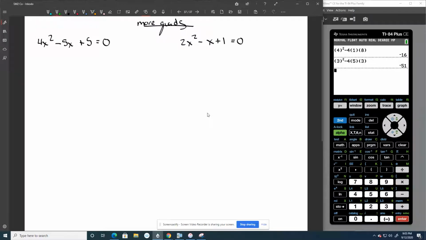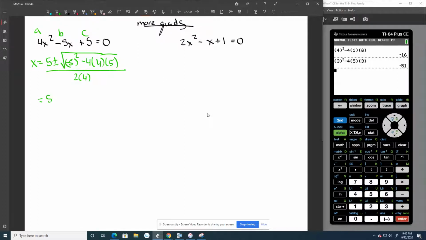let's try the quadratic formula. So x equals, here's my a, here's my b, here's my c. The opposite of b, so this is going to be a positive 5 plus or minus square root of negative 5 squared minus 4 times 5, all divided by 2 times a, which is 4.